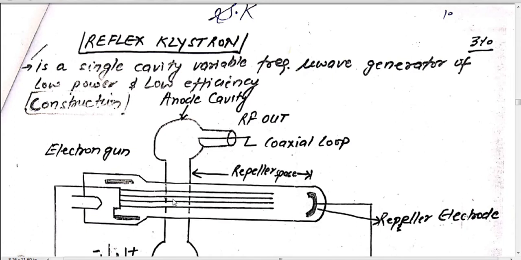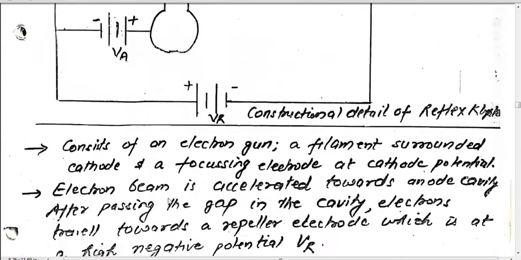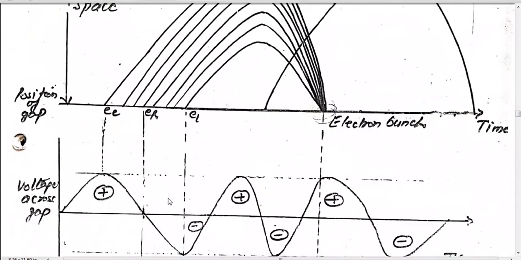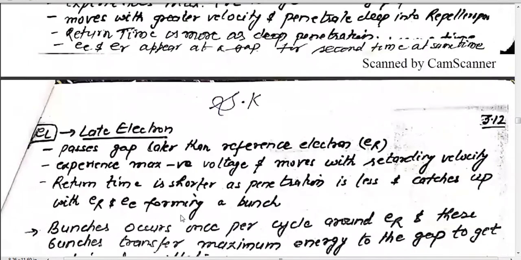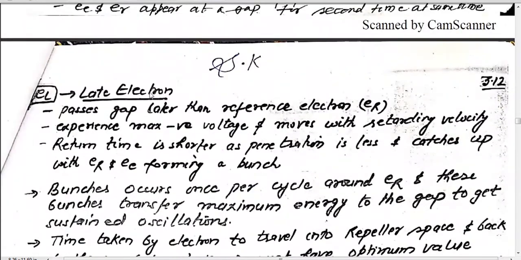So now we will see what happens to the third electron, the late electron, which has passed this gap at the point where the voltage is minimum. So this is the late electron, which passes the gap later than the reference electron, and it experiences maximum negative voltage and moves with retarding velocity.